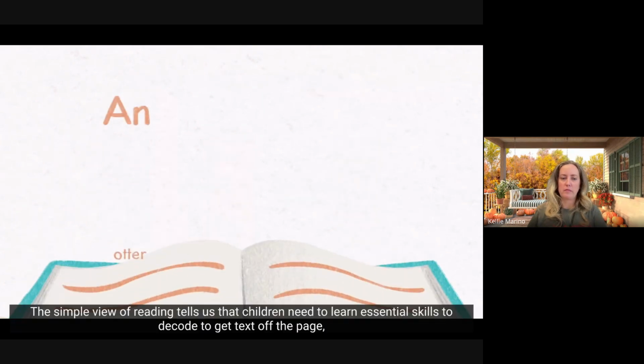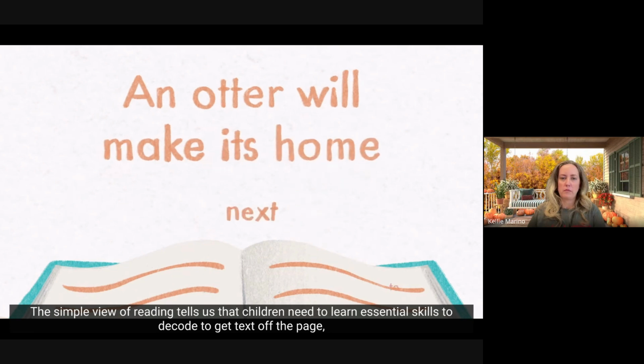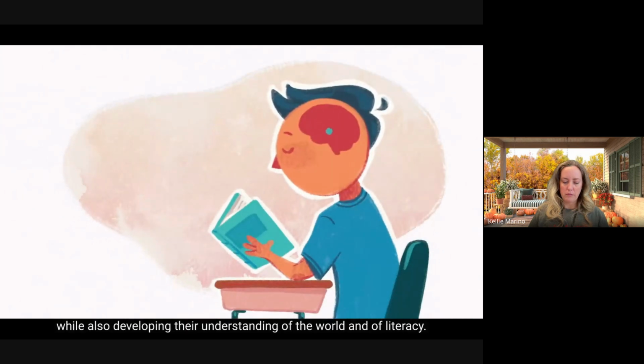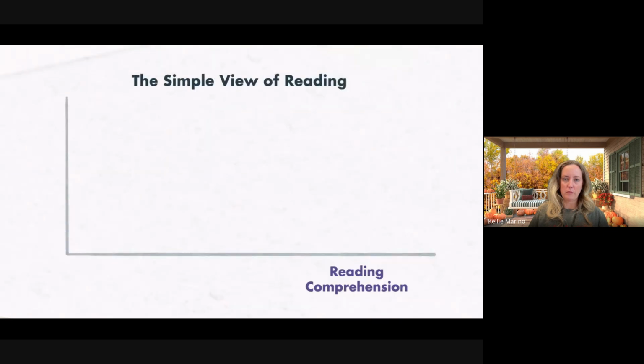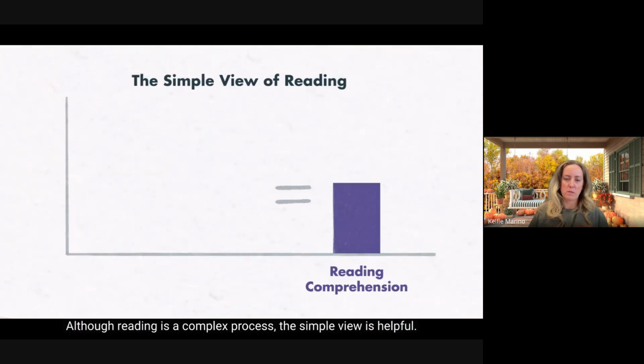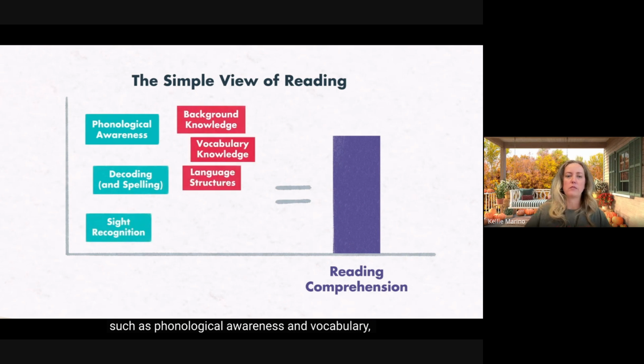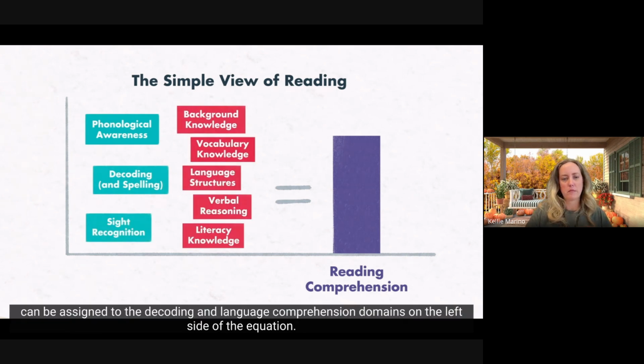This simple view of reading tells us that children need to learn essential skills to decode to get text off the page, while also developing their understanding of the world and of literacy. Although reading is a complex process, this simple view is helpful because all of the essential sub-skills of reading, such as phonological awareness and vocabulary, can be assigned to the decoding and language comprehension domains on the left side of the equation.